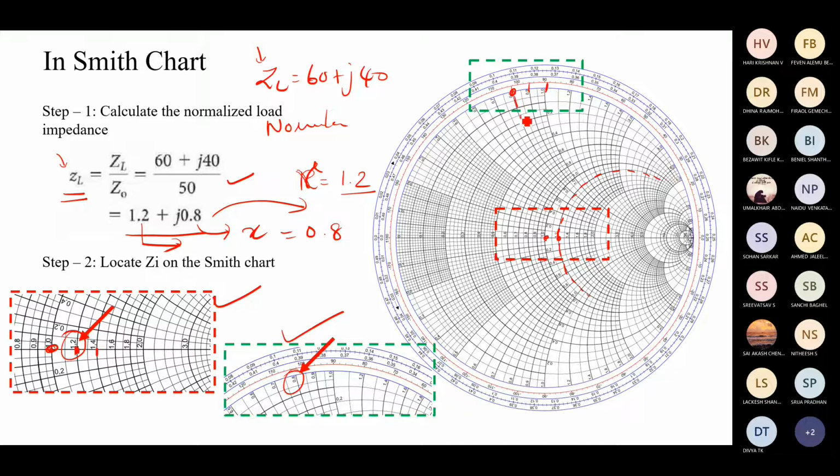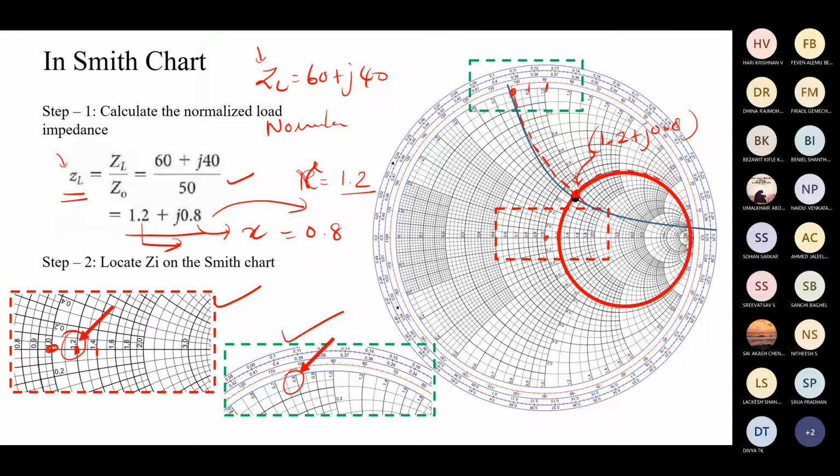Now I have to extend this line, and this meeting point is nothing but 1.2 plus j0.8. This is the impedance point of the load, which we have mapped in the Smith chart, clearly shown here. I believe you got it.